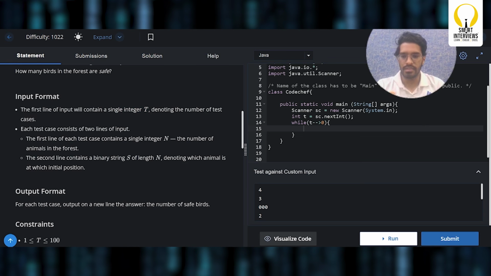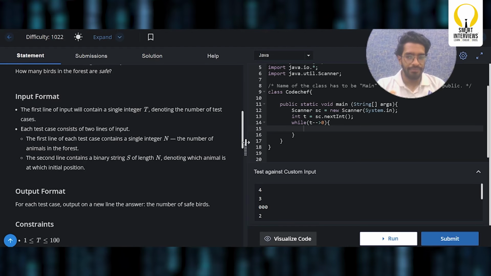Now, for each test case, the first line consists of n, basically a single integer, the number of animals in the forest. The second line contains a binary string s of length n, denoting which animal is present at which position. So you have to take two inputs.